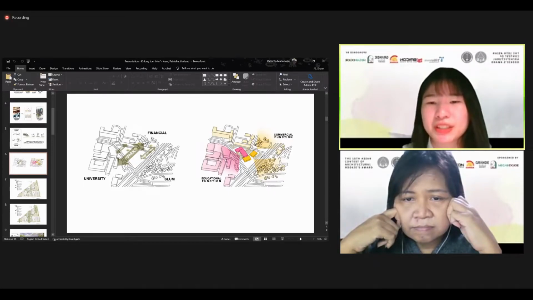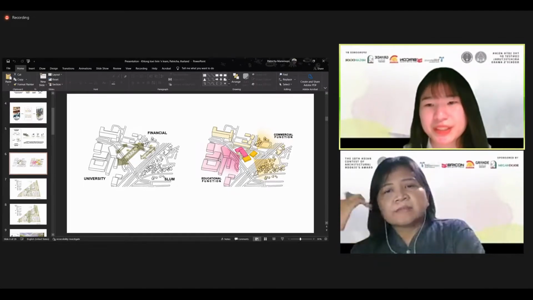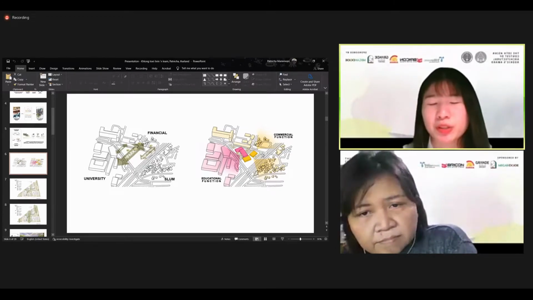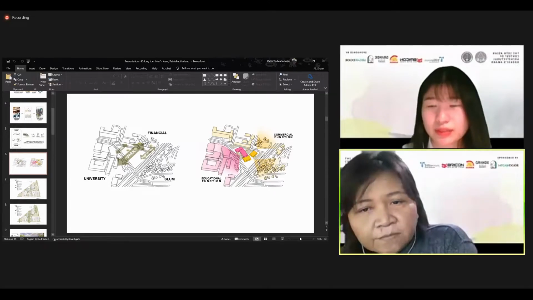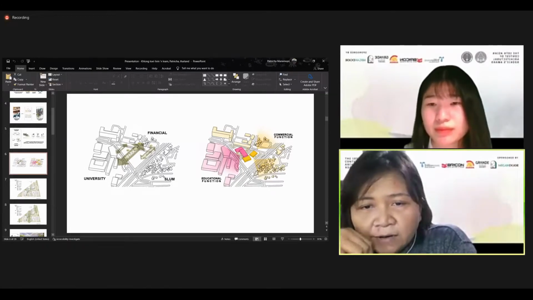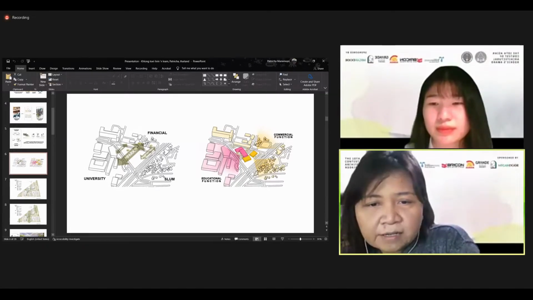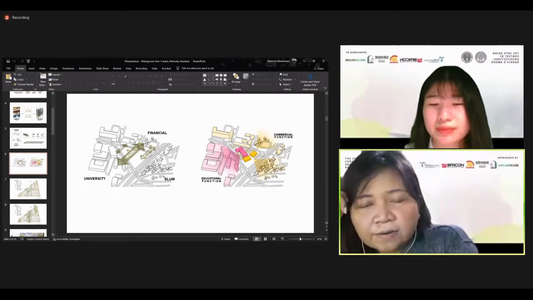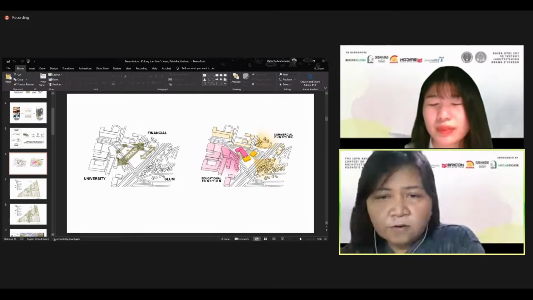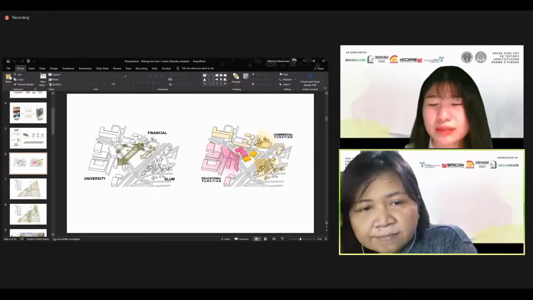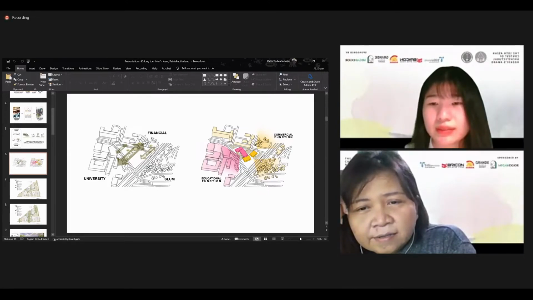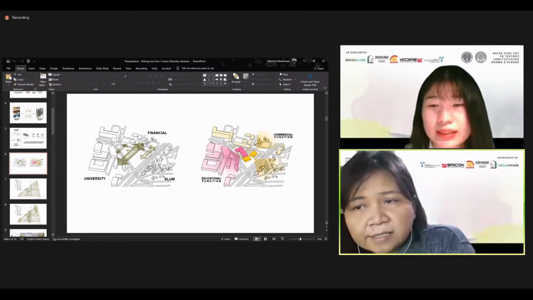Educational function is served for the university. Commercial function is served more to the slum and the local community. Yeah, I know, but how about the highway? How do people from the slum go to your functions, to your area? The highway is elevated, as is often the case in Bangkok. Is the highway elevated? Yes.